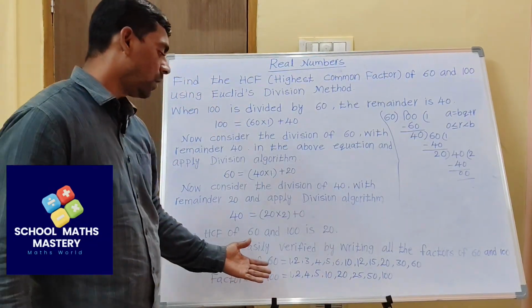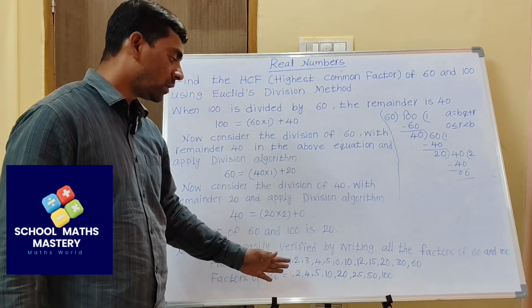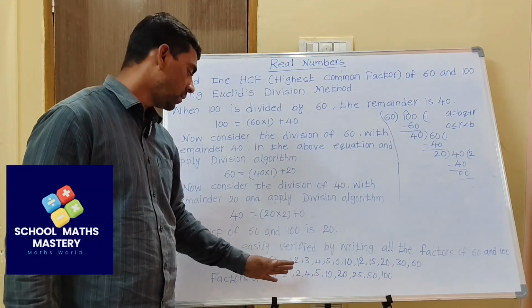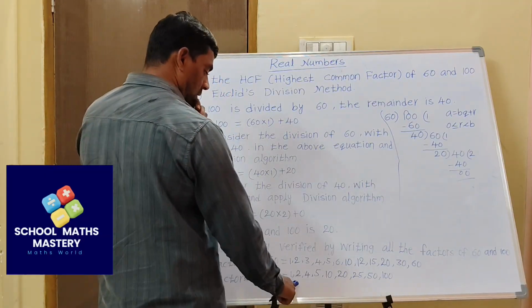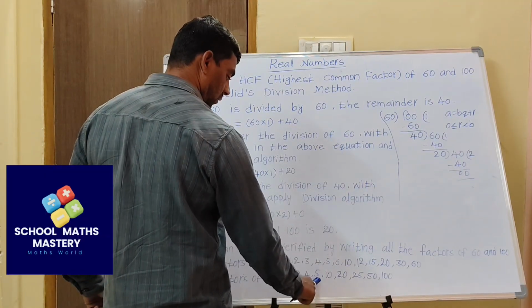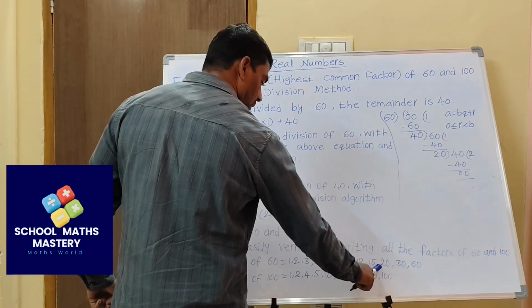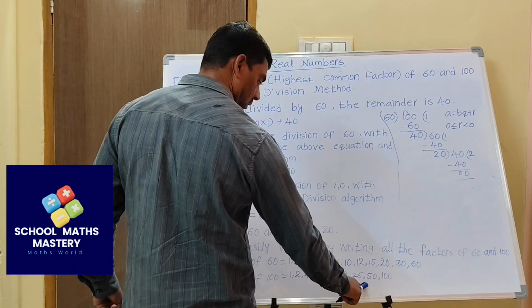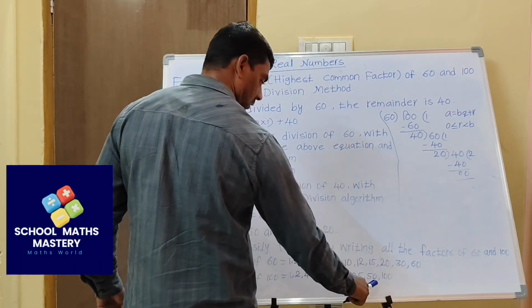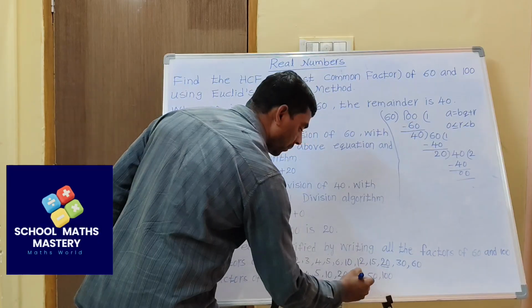Okay, now look here. Now check what is the common factor. What is the highest common factor of 60 and 100? Check, 1 is a common factor, 2 also, 4 also, 5 also, 10 is also a common factor, 20 is also a common factor, but 30 is not in the list, 60 also not in the list. So the highest common factor is 20.